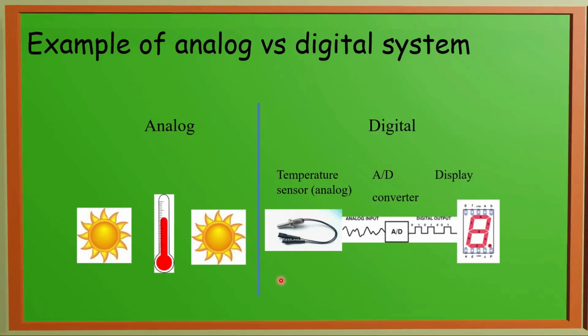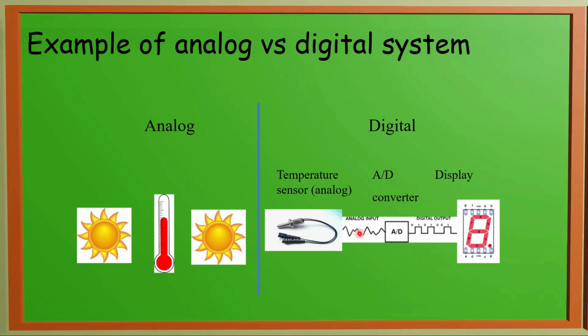Let us check one more example of analog versus digital signal. In analog, say we need to measure the temperature. We simply use a thermometer and measure the temperature where we get analog values. But what if I want to process these values in digital systems? Then I need a sensor which senses the temperature of nature. This particular sensor will give the output in terms of electrical values.